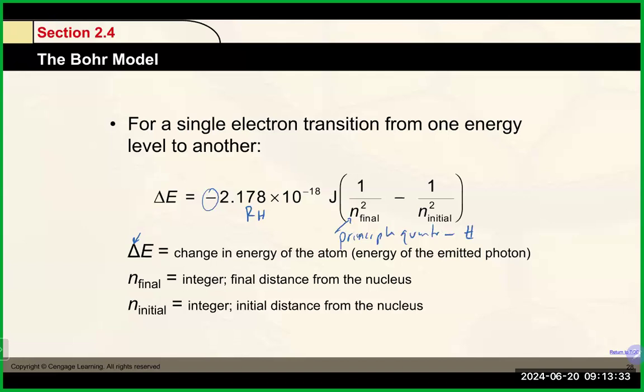This means that if we know the transitions, for example, that an electron is going to make in hydrogen, we could actually calculate the energy associated with that transition, taking our final minus our initial and squaring them. This is also related to the other equations that we saw earlier: E is equal to h times the frequency, which is also equal to hc over the wavelength.